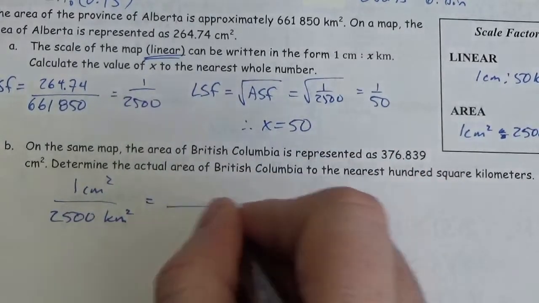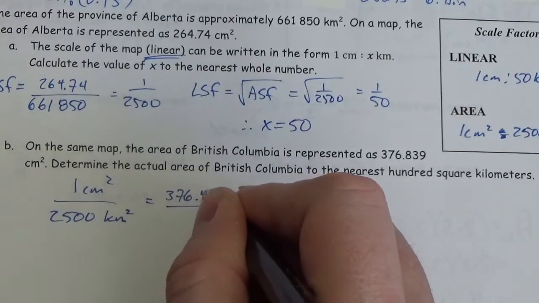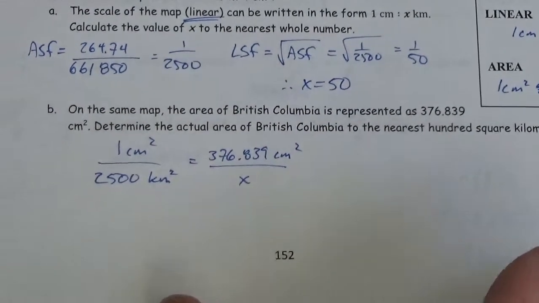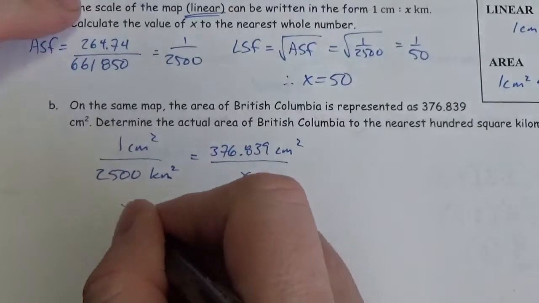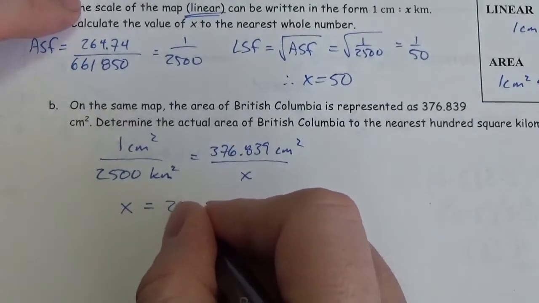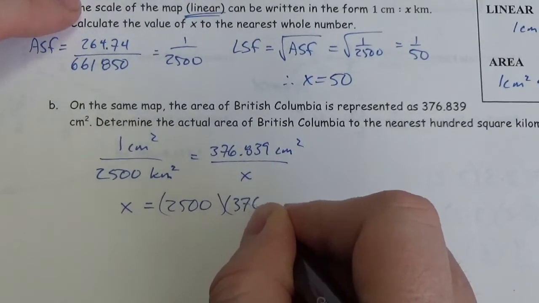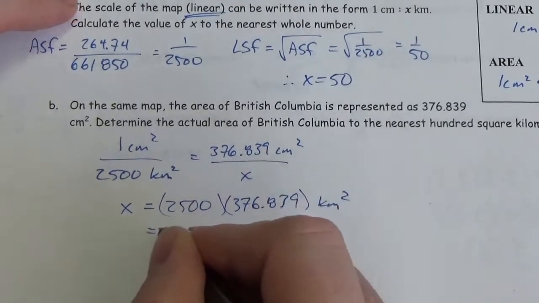And on our map here, we have British Columbia is 376.839 centimeters squared over x kilometers squared. And now I'll cross multiply and divide, but 1 times x, that's beautiful. Our centimeters squared are going to cancel, but I'm going to be left with 2,500 multiplied by 376.839, and this will be kilometers squared.